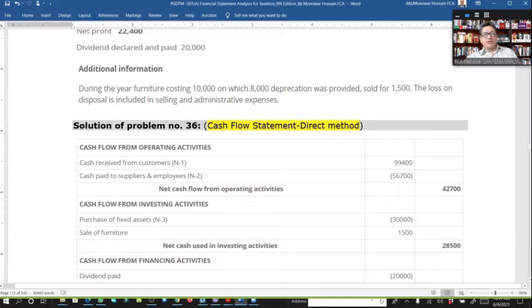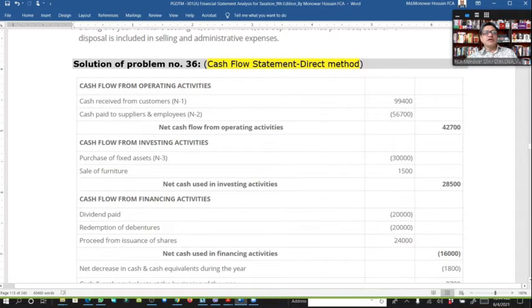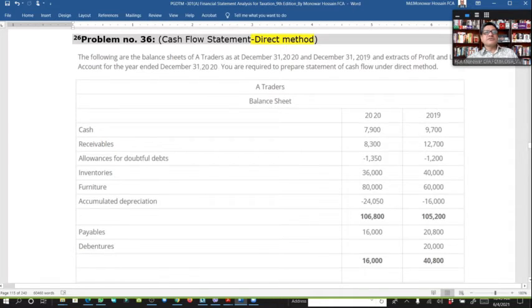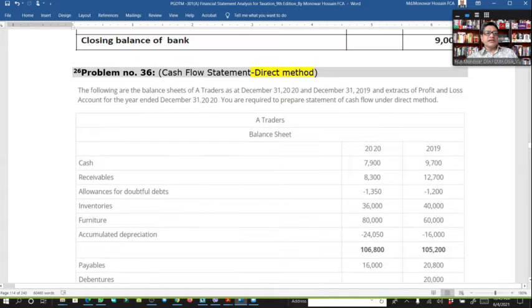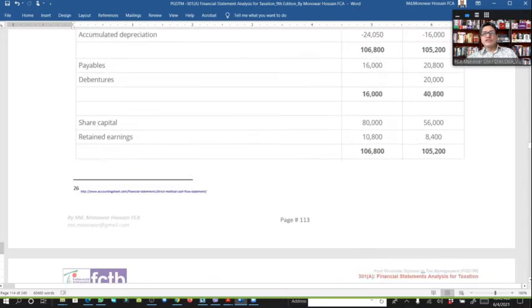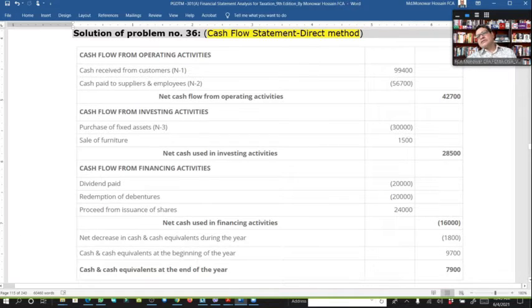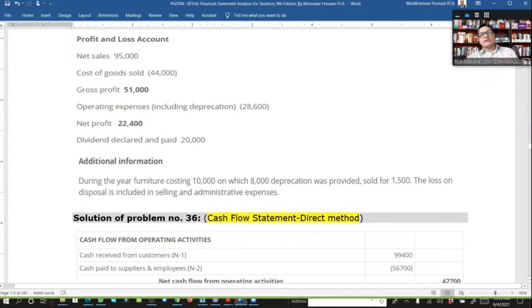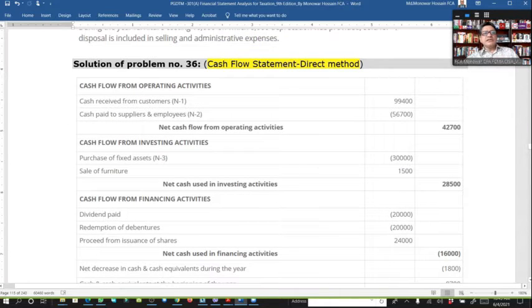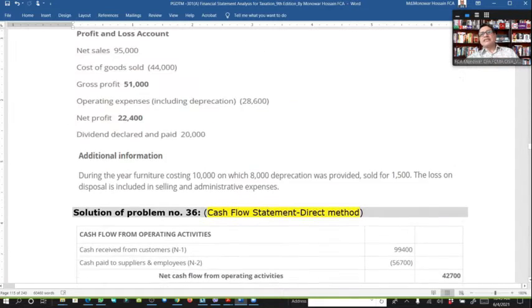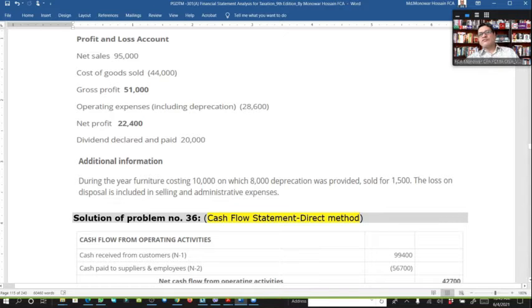So this is number one. Number two, cash flow from investing activity: purchase of fixed assets. How much fixed asset is here? Accumulated depreciation, furniture, all are put here. So the purchase of fixed assets is 30,000 as per the data, and the sale of furniture is 1,500.